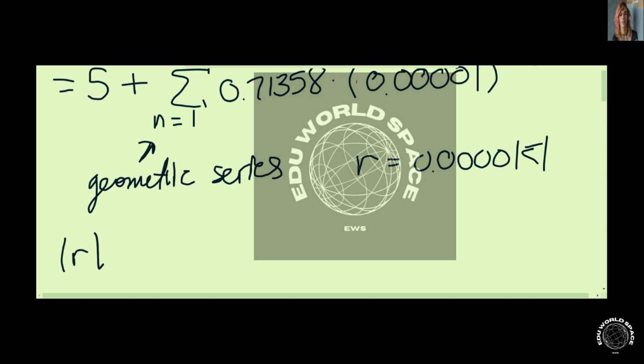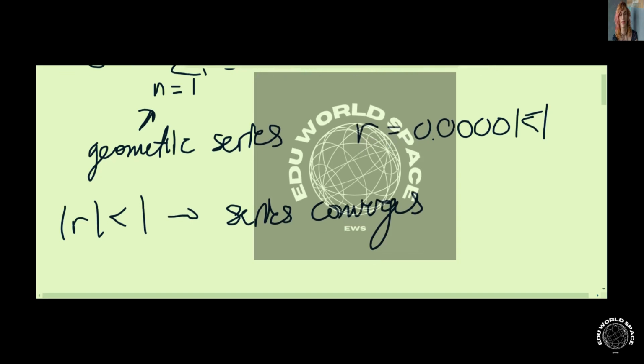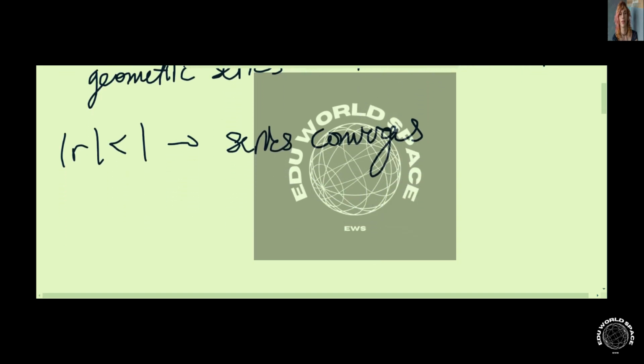Since the absolute value of r is less than 1, it follows that our series converges by the criterion for geometric series, and we use the formula for the sum of a geometric series.